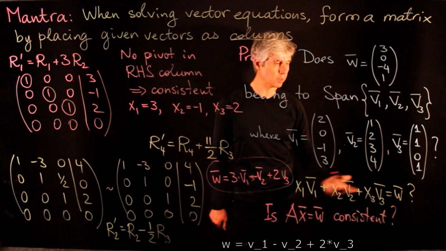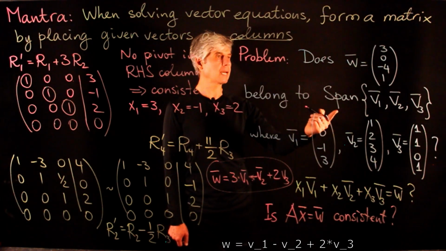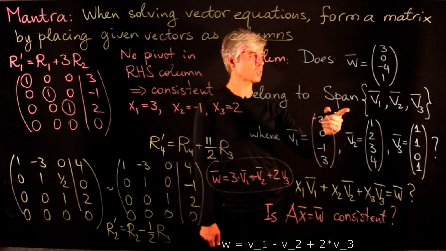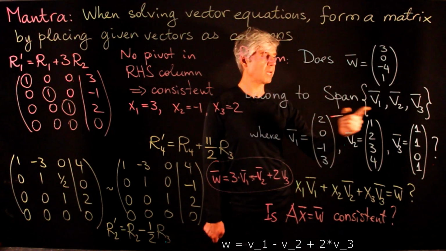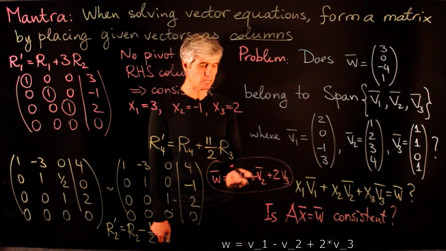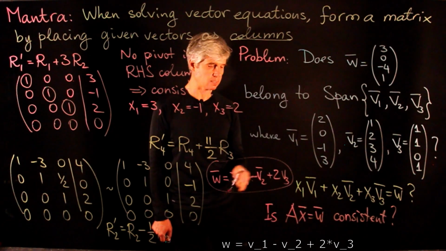And since w is a linear combination of these three vectors, this means that the answer to this question is positive. So this vector indeed belongs to the subspace spanned by the given three vectors. And so here we've got an explicit linear combination that tells us how this is done.